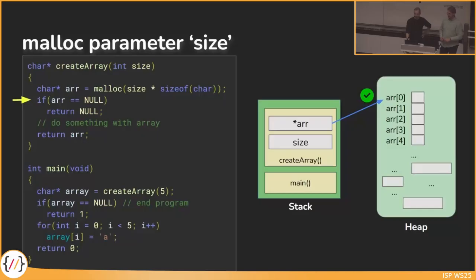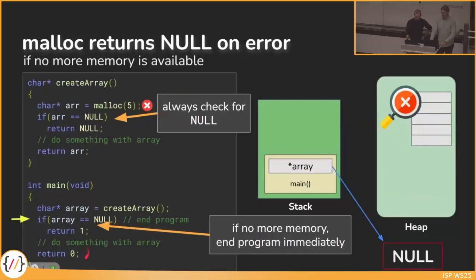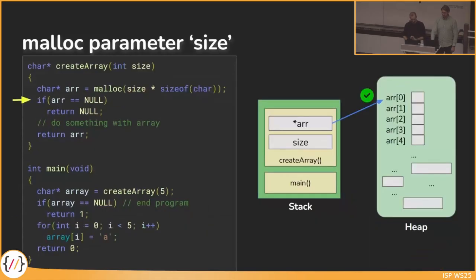Another thing is what you asked before. Until now, we always wrote here just 5. So give me 5 bytes. Sometimes I want it a bit more specific. Let's say I have here a pretty similar array function with create array.